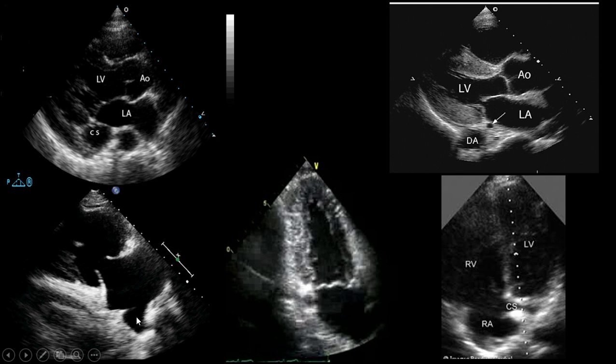Sometimes we will see in some patients the IVC, inferior vena cava, and here we will see the SVC, superior vena cava. In apical two chamber, we can see the coronary sinus too at the atrioventricular junction again here.